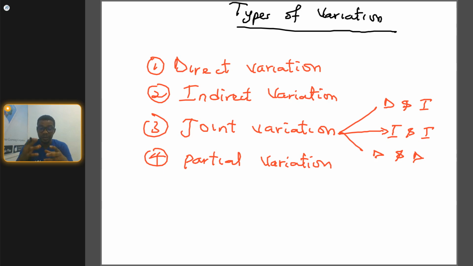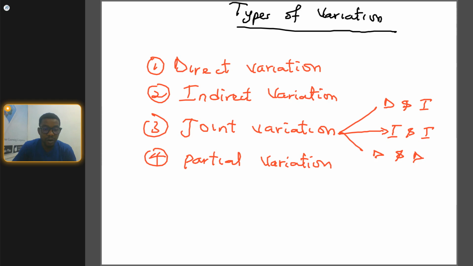So they are subdivided into three: direct and indirect, indirect and indirect, and direct and direct. Those three categories are under joint variation. And we have partial variation.